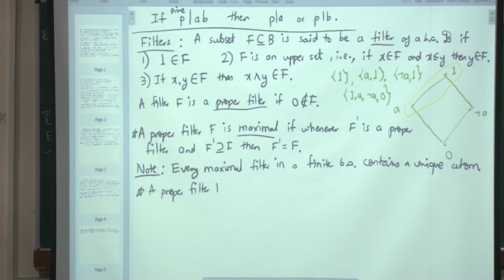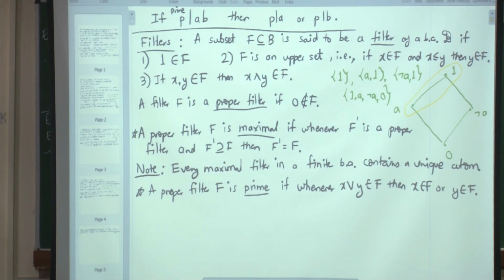F is prime if whenever X join Y belongs to F, then X belongs to F or Y belongs to F. Whenever the join of two elements from the Boolean algebra is in F, then X is in F or Y is in F. And why is it called prime? Because of the first line.